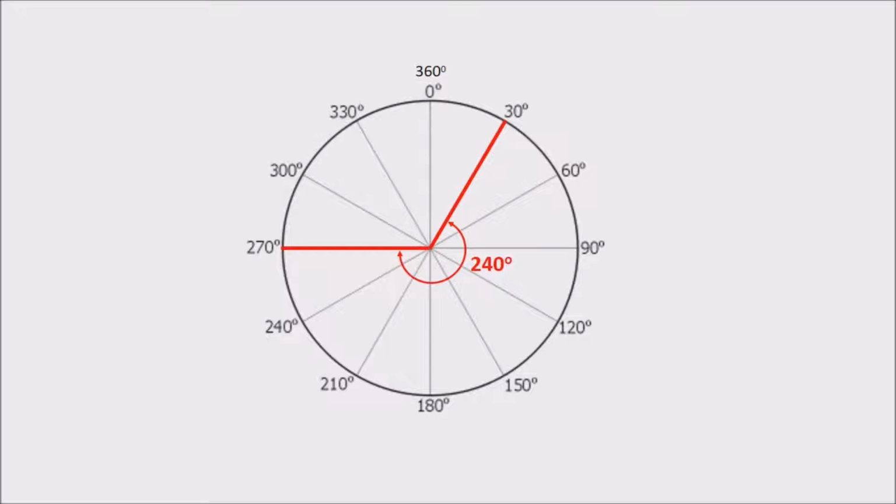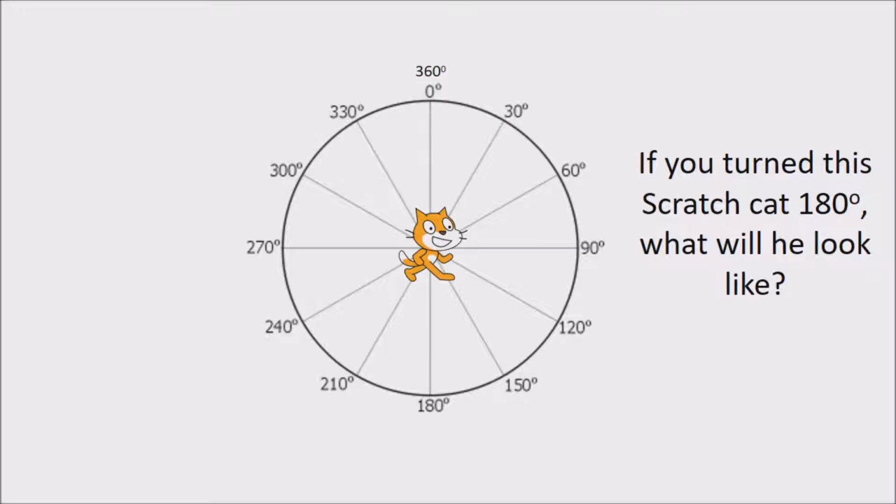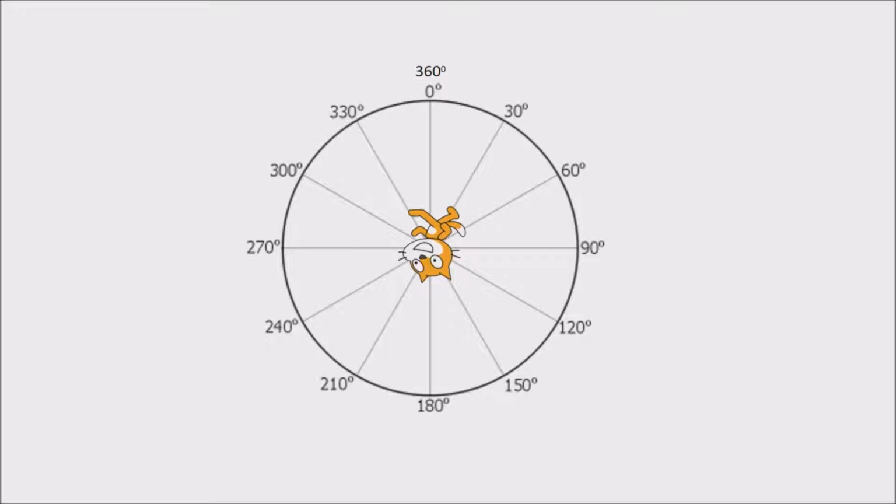And this one is 240 degrees. Okay, so now let's think about our sprite and what happens when we turn it and what it will look like. If we have a Scratch cat and we turn the Scratch cat 180 degrees, what will he look like? And he's upside down.